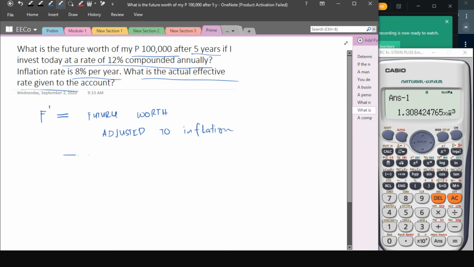Ibig sabihin, yung buying power of your money is lower than what it is used to be. Okay. So, paano makuha yun? F is equal to yung future worth mo affected by inflation. That is equal to P multiplied to 1 plus I, okay, raised to N.